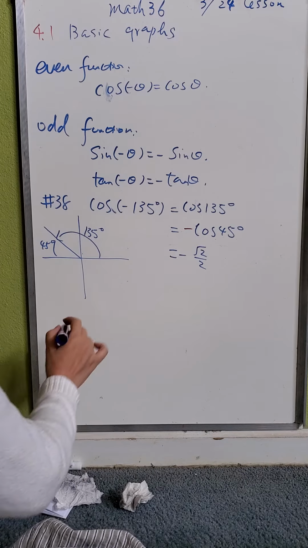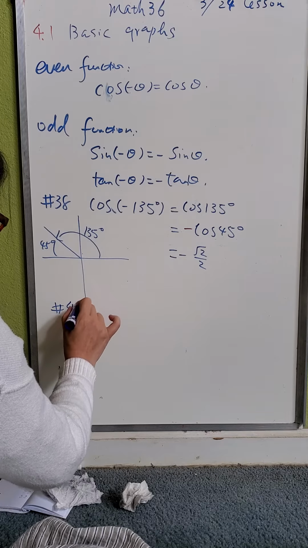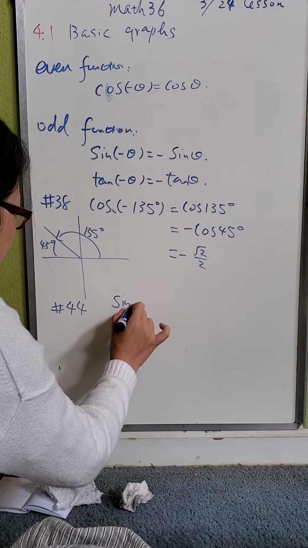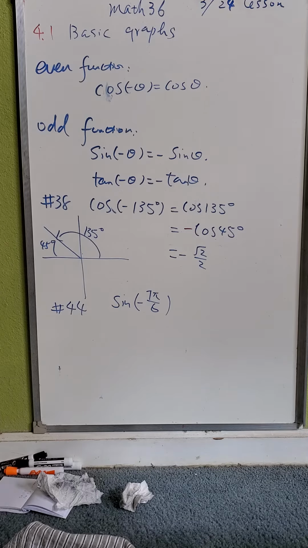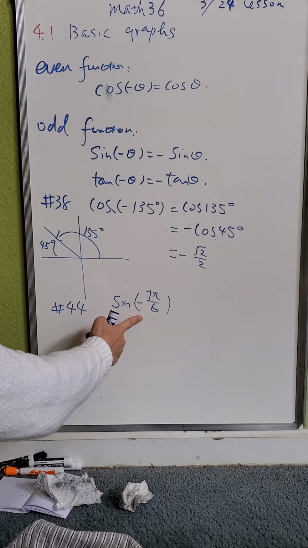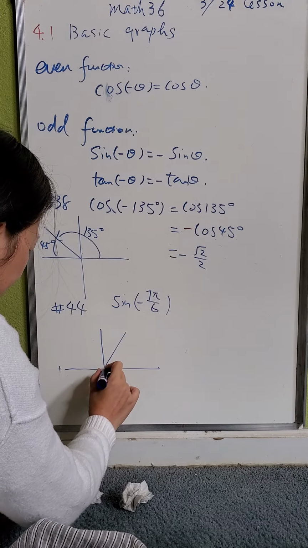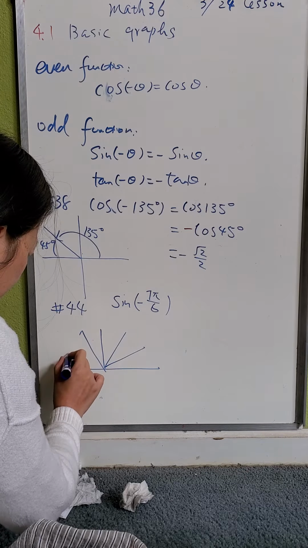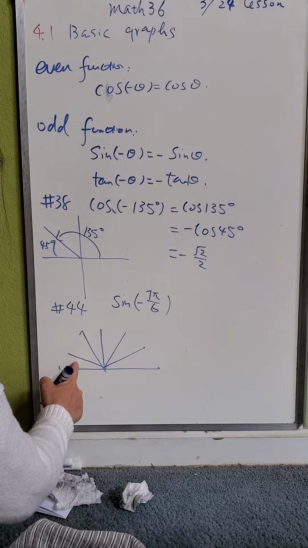And let's try one more. It's number 44. Sine negative 7 pi over 6. Sine negative 7 pi over 6, we're going to divide this into 6 parts. And I told you guys before. Okay, so we take 1, 2, 3, 4, 5, 6, and we take 7 of them.